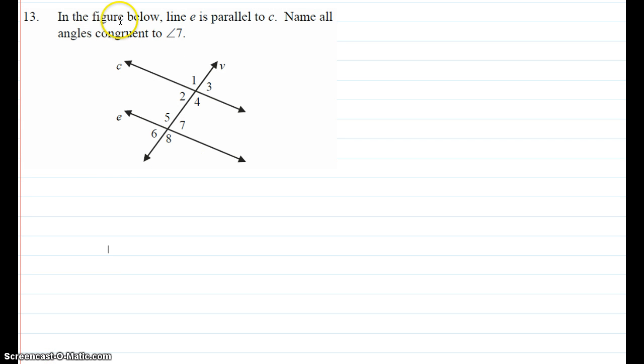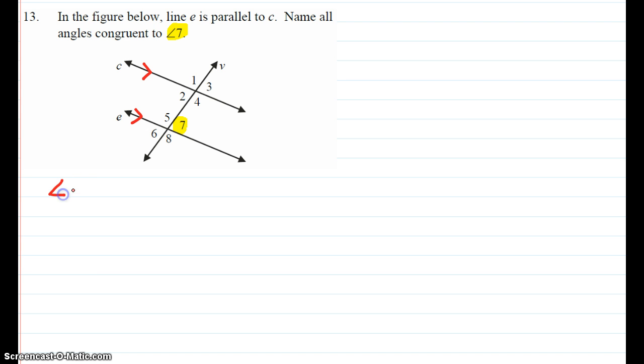All right, number 13, in the figure below, line E is parallel to line C. So let's go ahead and mark that. And name all angles that are congruent to angle 7. I want to know all the angles that are equal to angle 7.